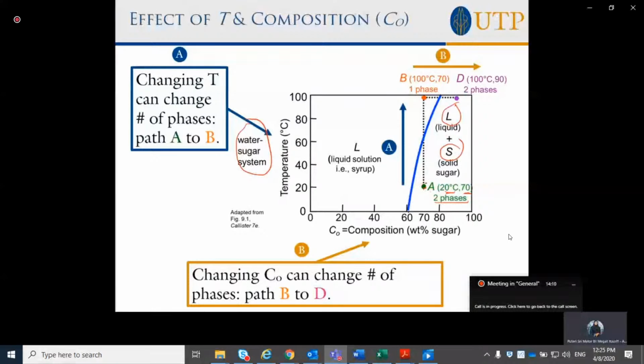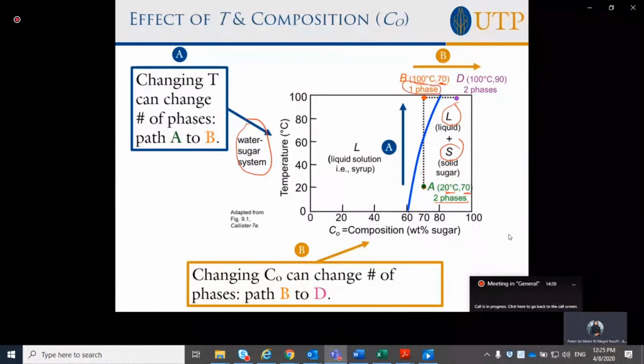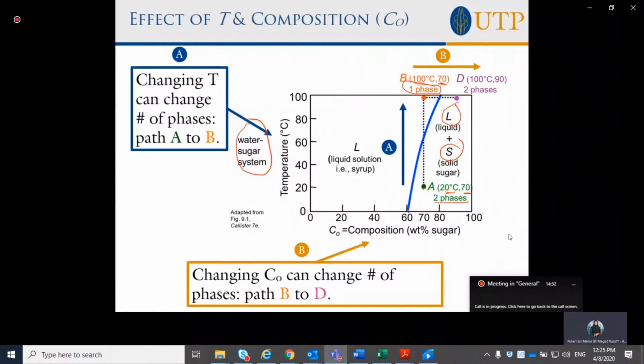Then I heat it up, I add energy, I increase my temperature until 100 degrees Celsius. Of course, my composition remains, because I'm only changing my temperature. I'm still 70 weight % sugar, but I am now in one phase, all liquid. So that is the effect of increasing temperature.